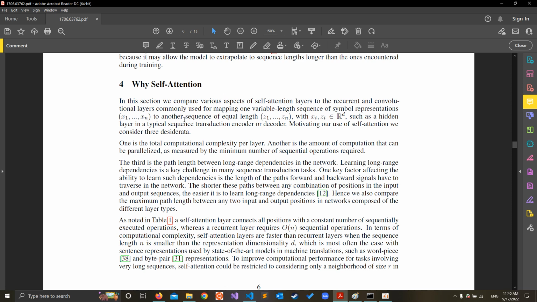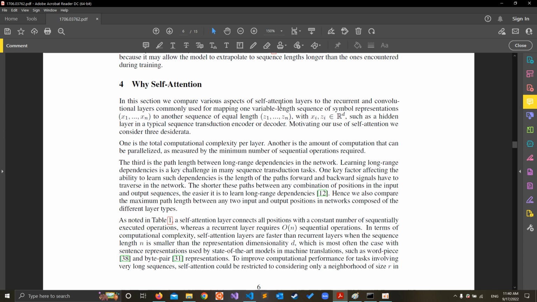In this section, we compare various aspects of self-attention layers to the recurrent and convolutional layers commonly used for mapping one variable length sequence of symbol representations to another sequence of equal length, such as a hidden layer in a typical sequence transduction encoder or decoder.